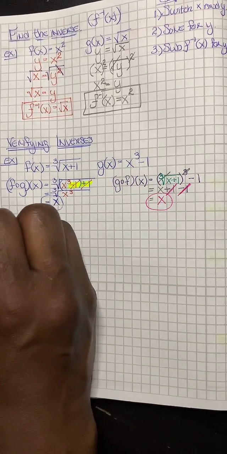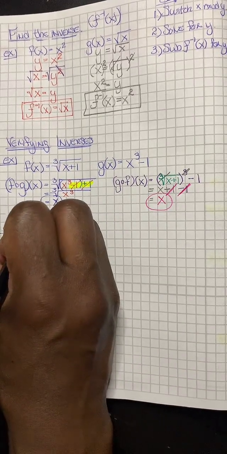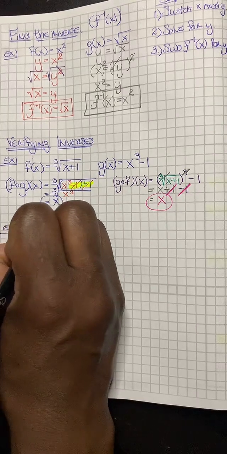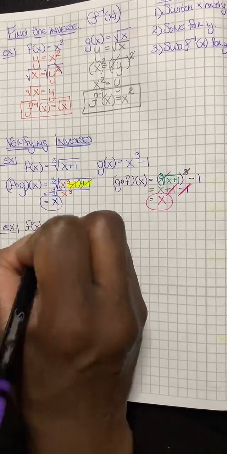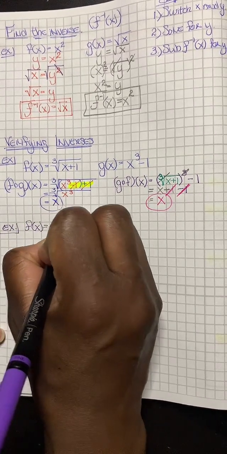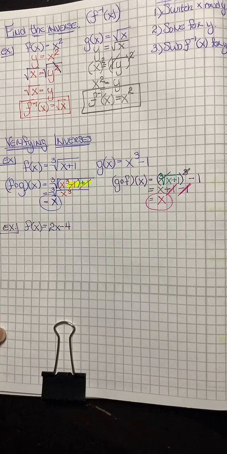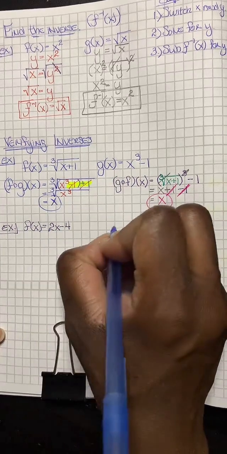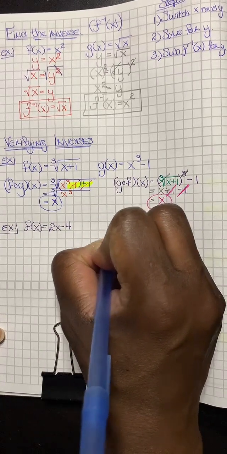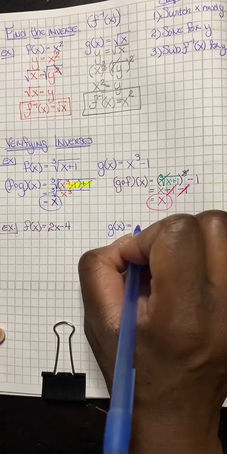So, are these two inverses of each other? While we're doing that, I'm going to see if I can pull a couple of factoring ones.